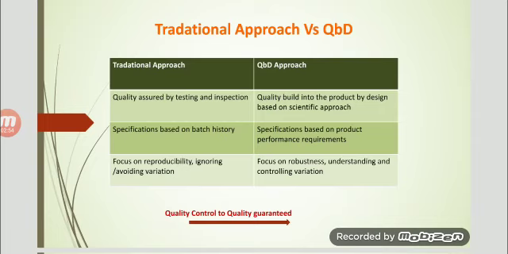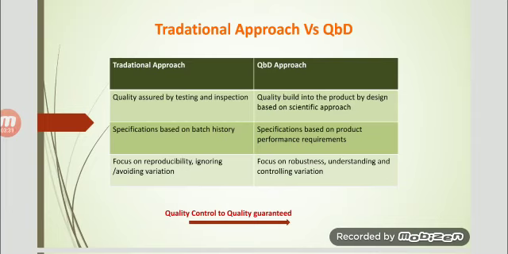Now, how are they different? In the traditional approach, quality was assured by testing and inspection. In the QbD approach, quality is built into the product by design based on a scientific approach. In the traditional approach, specifications are based on batch history, whereas in the QbD approach, specifications are based on product performance requirements. In the traditional approach, there is focus on reproducibility, ignoring or avoiding the variations.